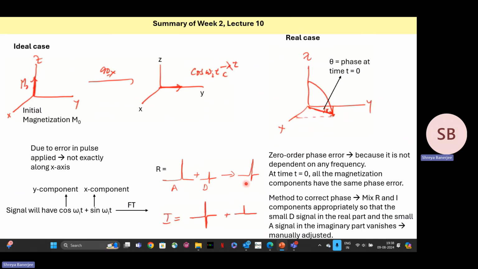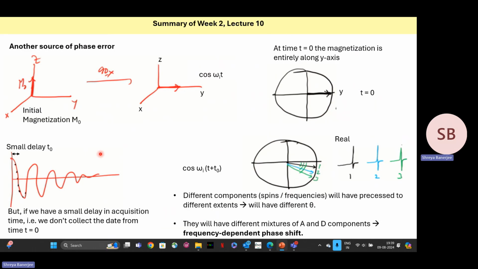One, which we just saw, is that the ideal case is where the magnetization in Z is completely moved to the Y direction, with zero phase at time t0. Instead of that, the magnetization comes somewhere along the xy plane, and there is a phase error of theta. So we take the angle with y as theta, and this is the phase error that is formed.